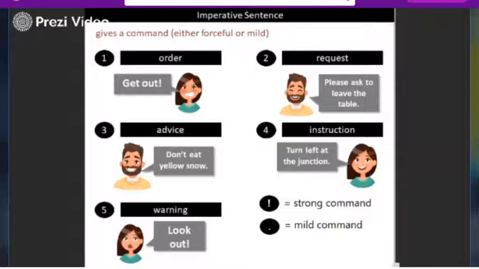Or could you be quiet, please? That's a question. That is not an imperative sentence because I'm asking you. A strong command is with an exclamation point. Like a normal one, open your book, sit down, close the door, close the window. It's with a period.